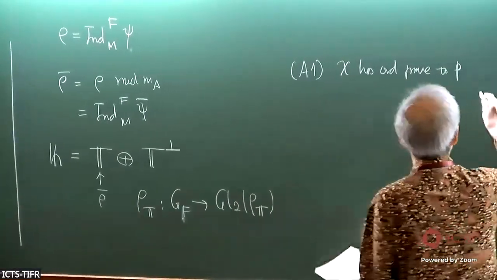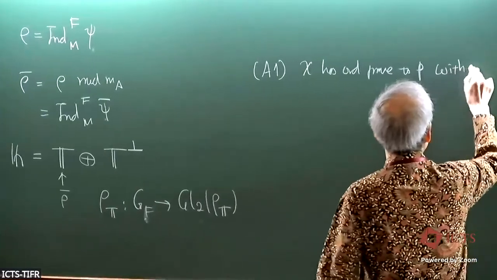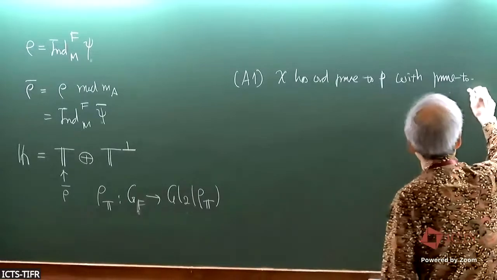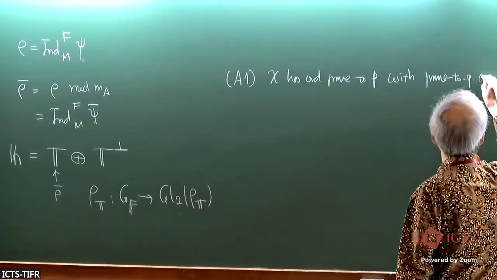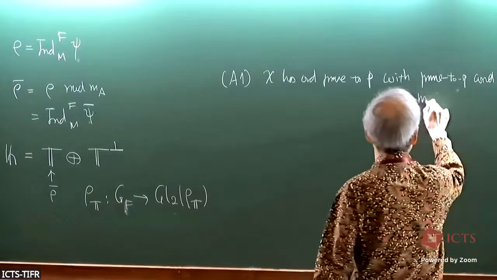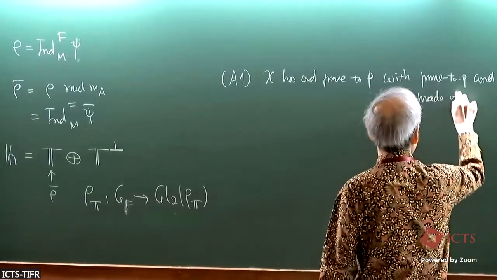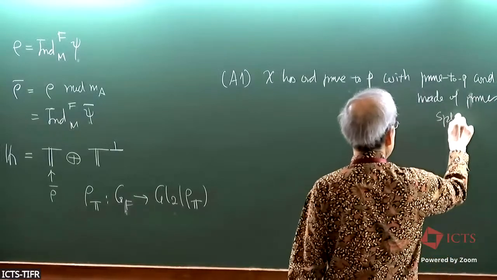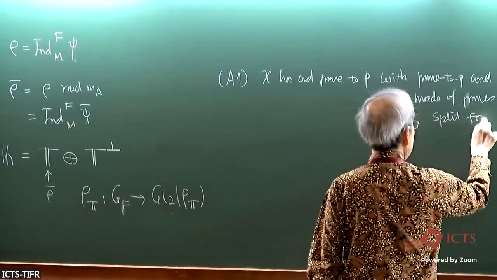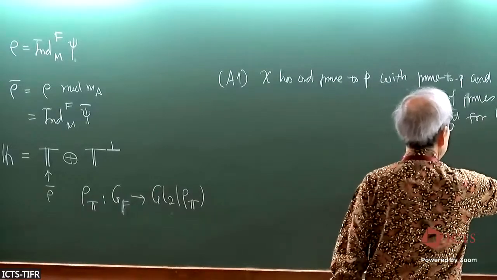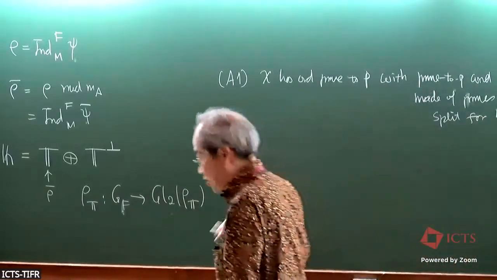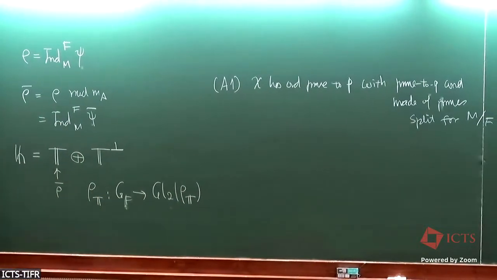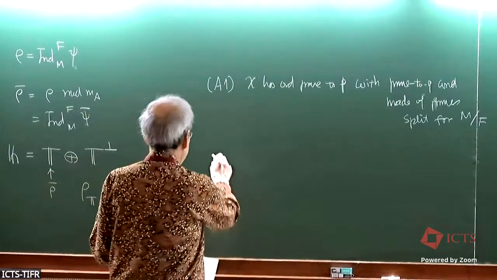And with prime to P conductor, the prime to P part of the conductor made of primes split for M over F. This condition you can totally actually avoid, but that becomes technical, so I just make it this way.